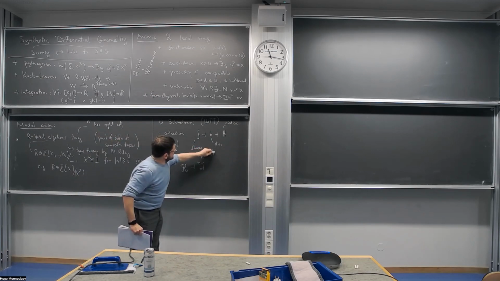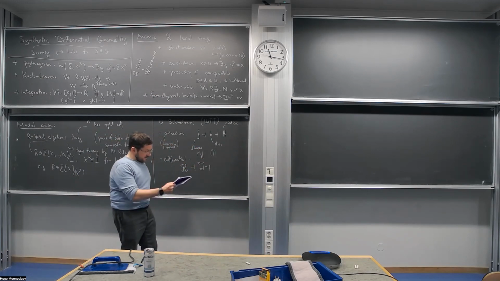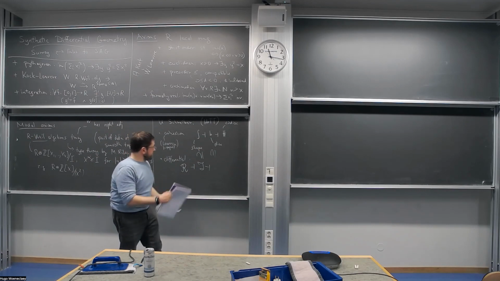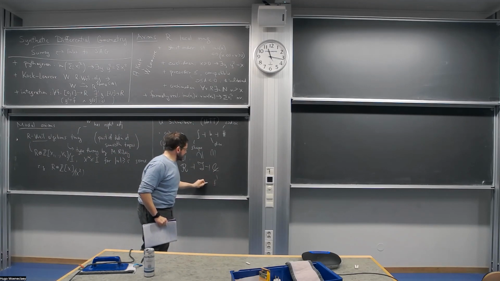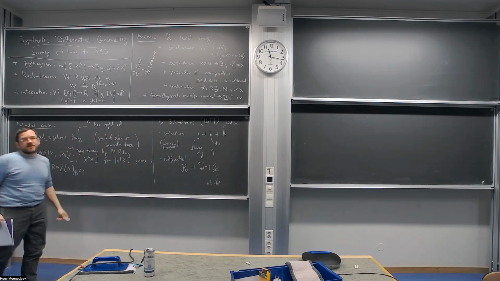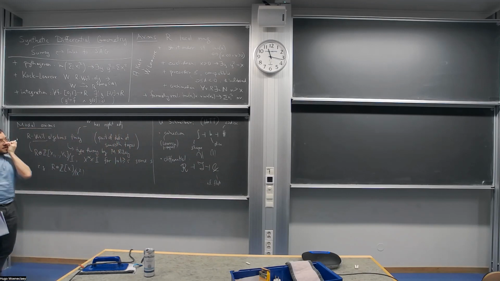Then you include the discrete things in a modality that's called infinitesimal flat. I don't have a very good intuition for what this is. As I said, this is some further extension that could be very useful for working with synthetic differential geometry.